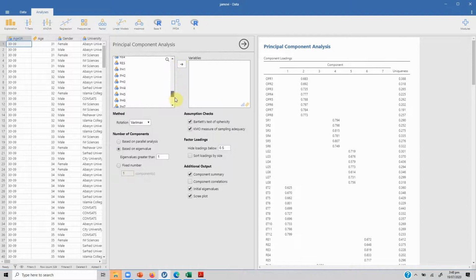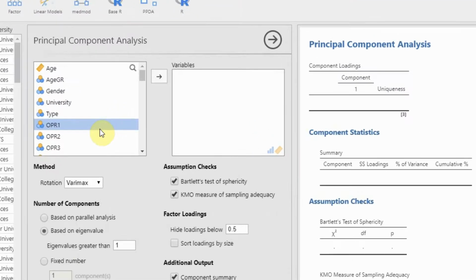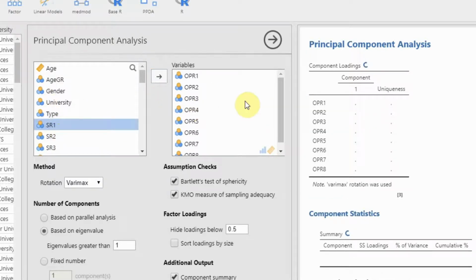Since you now have different dimensions in your scale, you test each of the dimensions separately. Let me test this first one. Okay, now only this first one. All others not added yet because I'm getting problems in my principal component analysis. These items are not loading together.